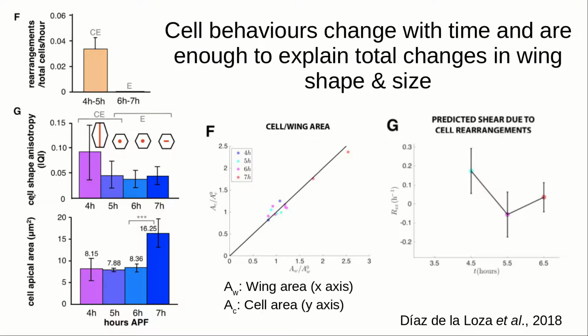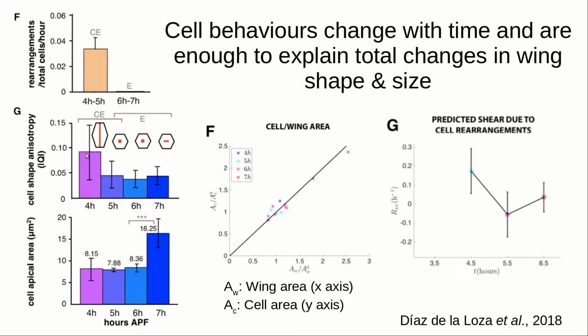Then changes in cell shape. As you can see here, they measure the shape of the cell or some elongation index. And as you can see, cells have a higher height at the beginning at 4 hours, and they become less anterior-posteriorly elongated.